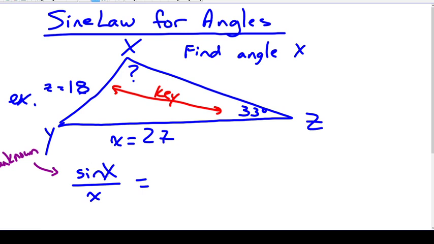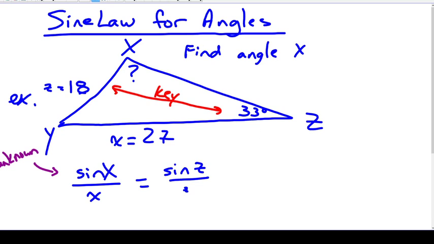Instead of writing little x over sine big X, we're going to write sine big X over little x. And we're allowed to do that because they're two fractions equaling each other. So our key values here are the z values, right? So we're going to do sine of big Z over little z. And to make my z's different, I'm going to make the little z very small, okay?